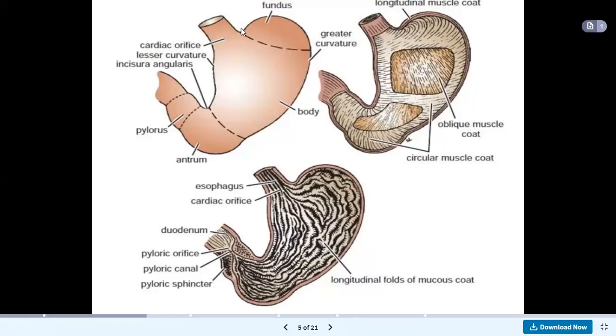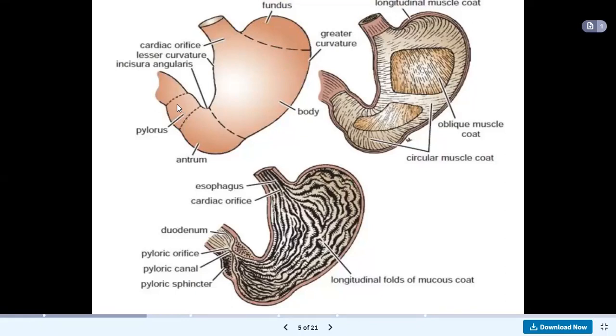And then the body extends from this lower part of the fundus down to this incisura angularis, this notch here. So that is your body. And then we have the antrum, which is from the incisura angularis to the upper border of the pylorus.